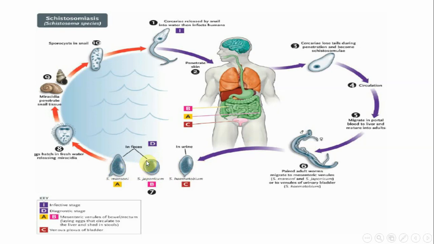Schistosoma japonicum تكون rounded or spherical shape without any spine، أو تحتوي السباين على شكل نوب كأثر لها جانبية، بينما Schistosoma haematobium تحتوي على terminal spine. هذه الثلاث إيج تعتبر هي الدايجنوستيك ستيج، بينما قلنا الانفكتيف ستيج هو السيركاريا.